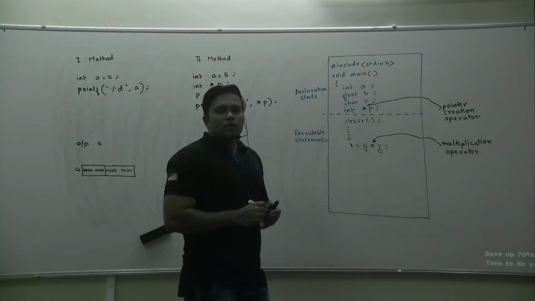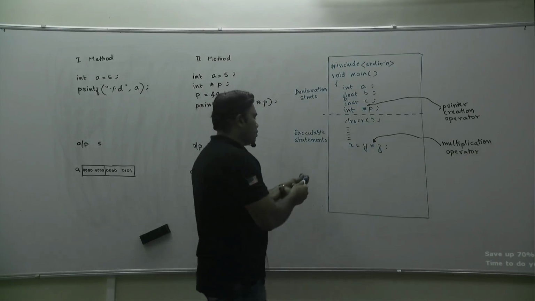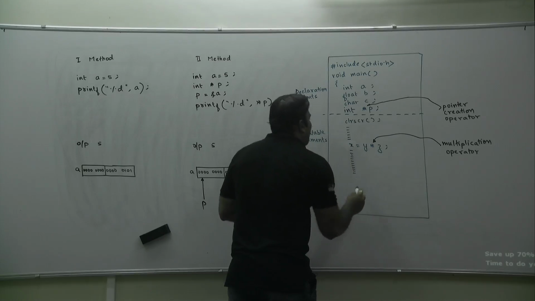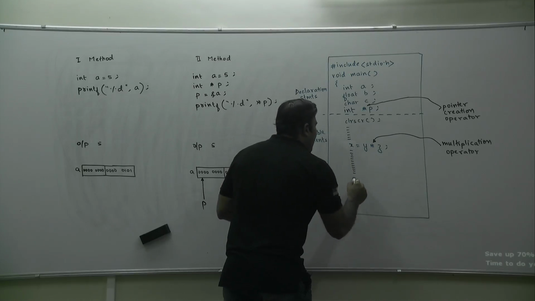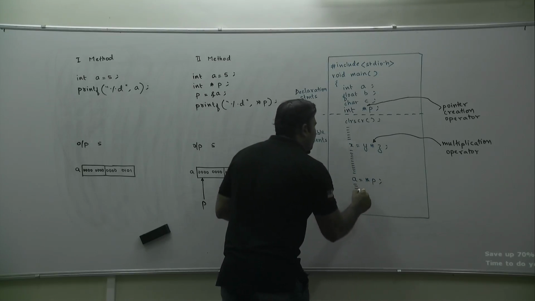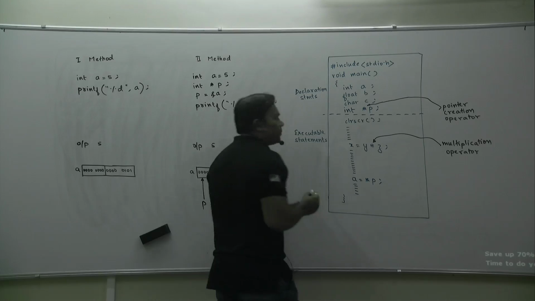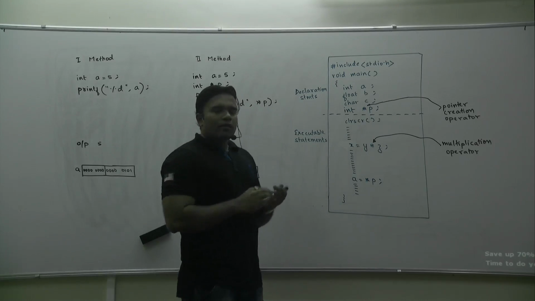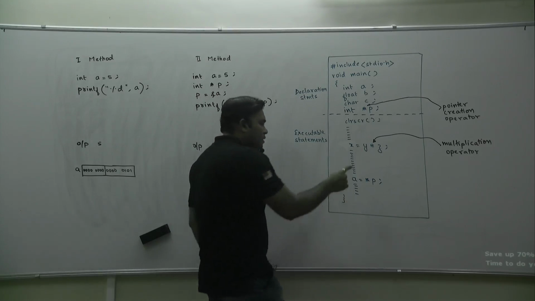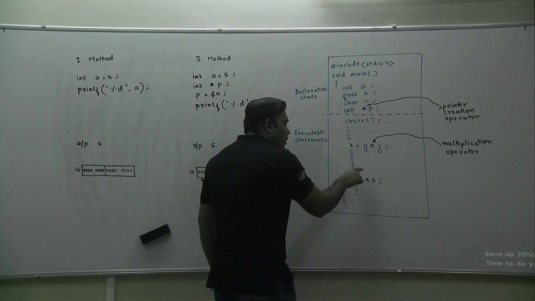Oh, okay, sir. What about the other star, sir? You may ask. Maybe I am continuing in the program, and somewhere I have written a equal to star p. Like this I have written. Assume this is the end of our program. Now, for a fellow who understands things, the first thing you should understand is, is this star pointer creation?